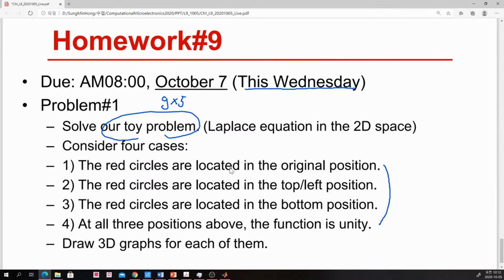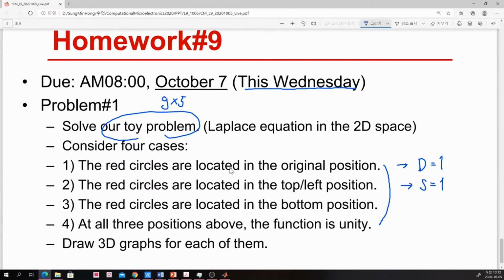The first one is drain is 1, all others are 0. The second one is source is 1 and all others are 0. The third one is substrate, or sometimes called body, that is 1 and all others are 0.